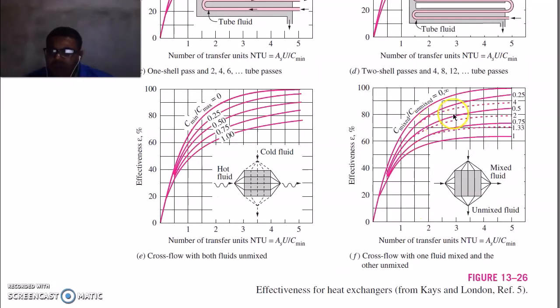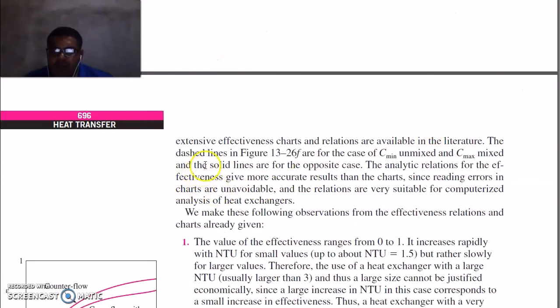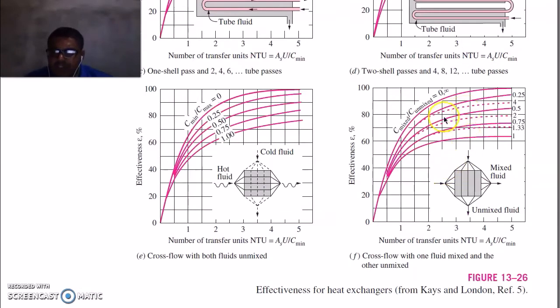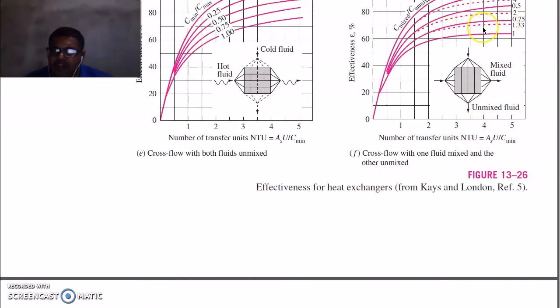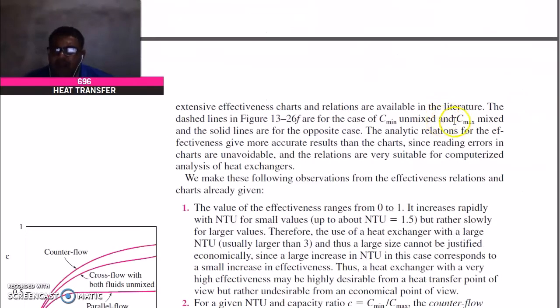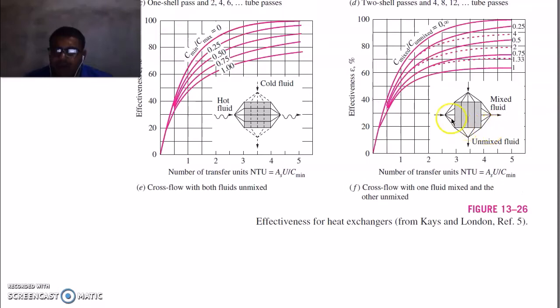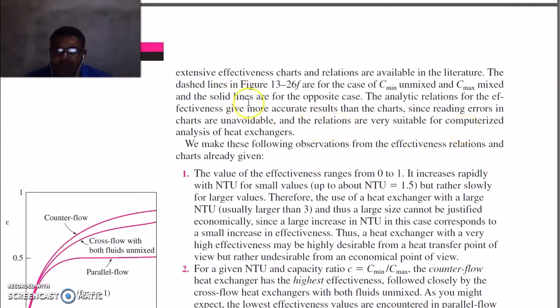Here you can see two lines, a dashed line and a solid line. Extensive effectiveness charts or relations are given. The dashed lines in the figure are for the case of C minimum unmixed, meaning the minimum heat capacity fluid is unmixed and C maximum is mixed, while the solid lines are the opposite case.